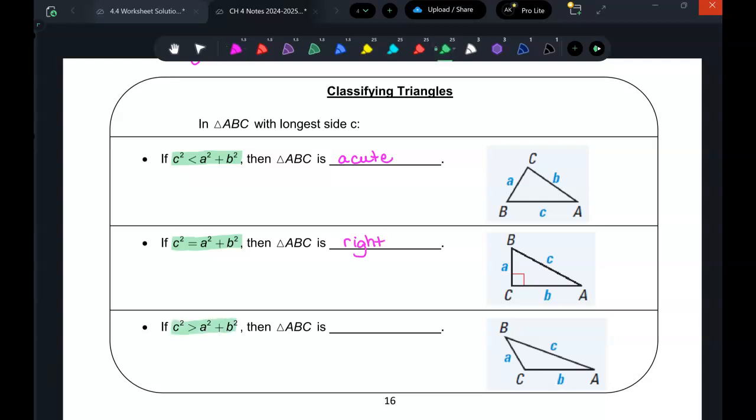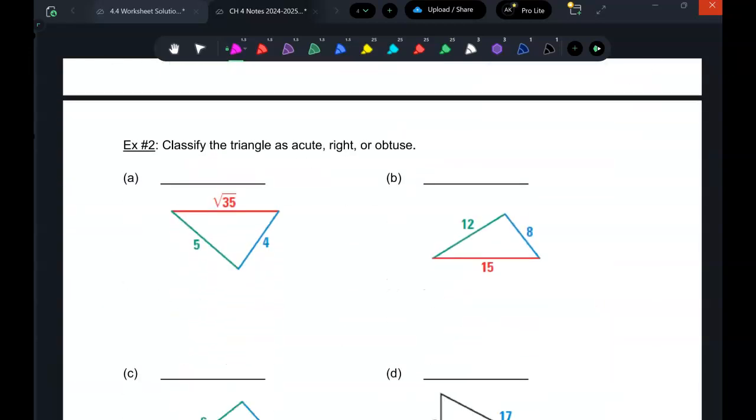And if c squared is bigger than a squared plus b squared, it's obtuse. That's why I write it the other way: we think converse, we switch things around, so I put c squared on the left side.